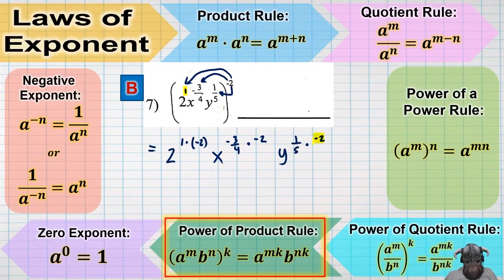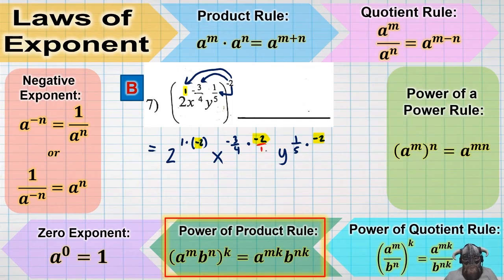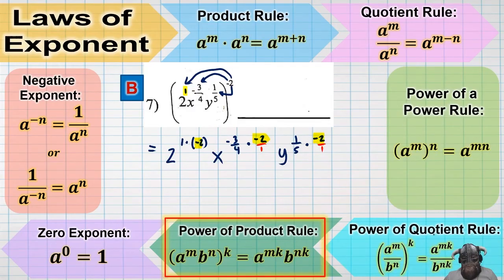So, ayan, dinistribute natin si negative 2. So, dito, para hindi muna tayo malito, dun sa may mga fraction, lagyan natin ng over 1. Para we still follow numerator times numerator, denominator times denominator. In this case, 1 times negative 2 is just negative 2. So, the exponent of our 2 is just negative 2.